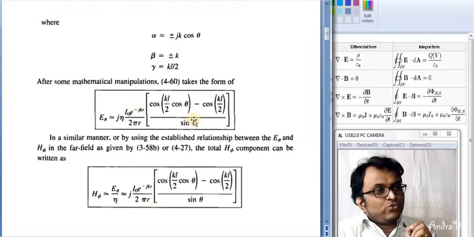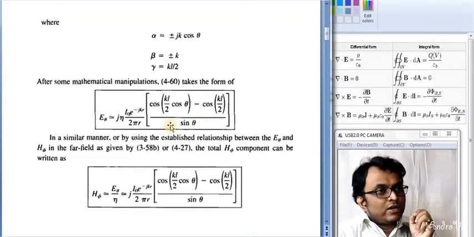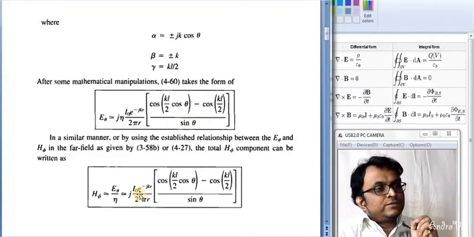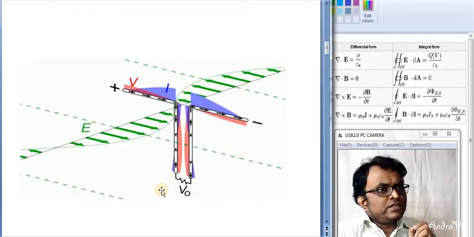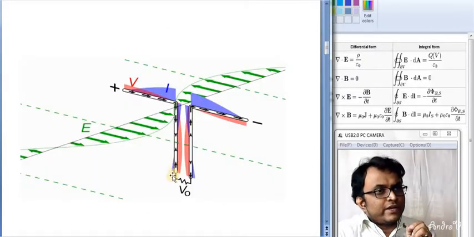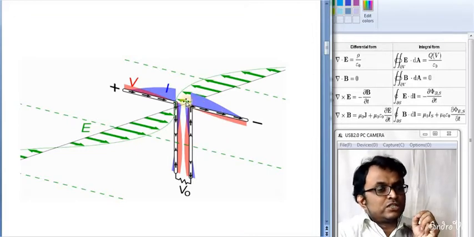So these two fields, the electric field in the elevation component and the magnetic field in the azimuthal component, when propagated in a metallic wire, create the electric and magnetic distributions of the field.